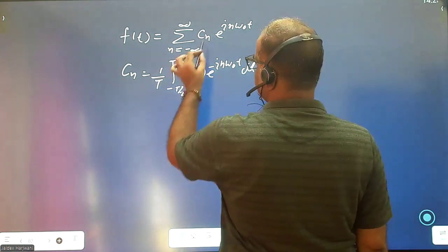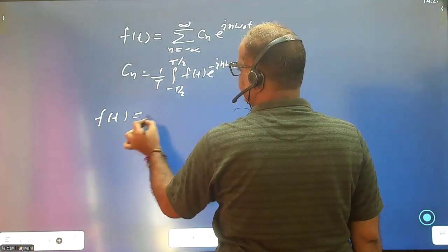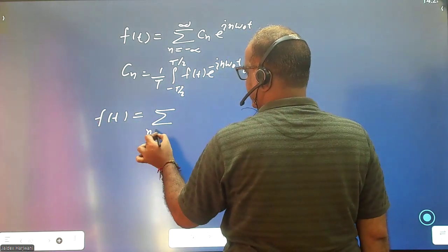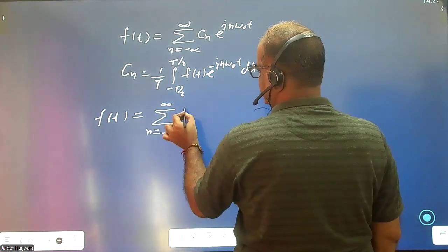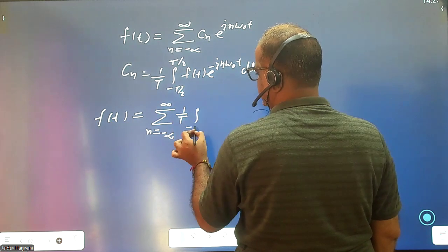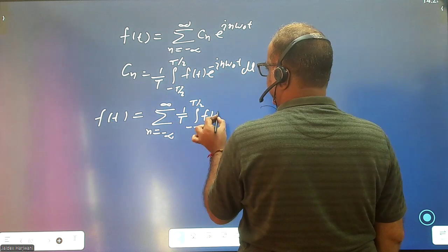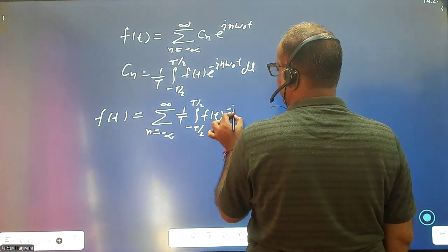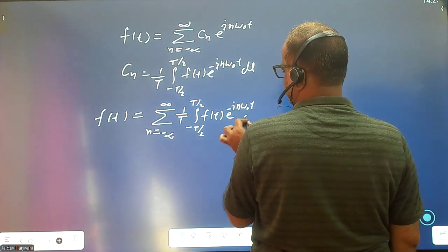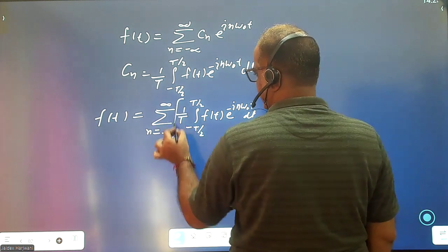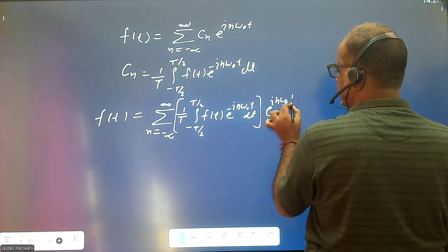So now plug back this Cn value in this expression of f(t). So my f(t) becomes the sum over n of 1 by T, the integral from minus T by 2 to T by 2 of f(t) e power minus i n omega 0 t dt, and here you have e power i n omega 0 t.